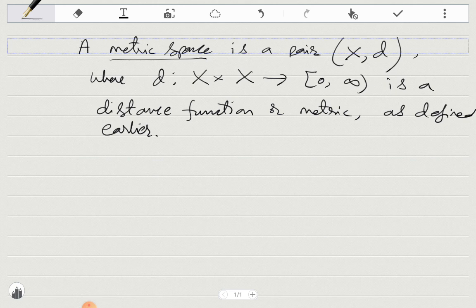Now, the moment we have this distance function, there are lots of concepts which arise associated to this. So let's start listing these. The first thing is definitions and properties.